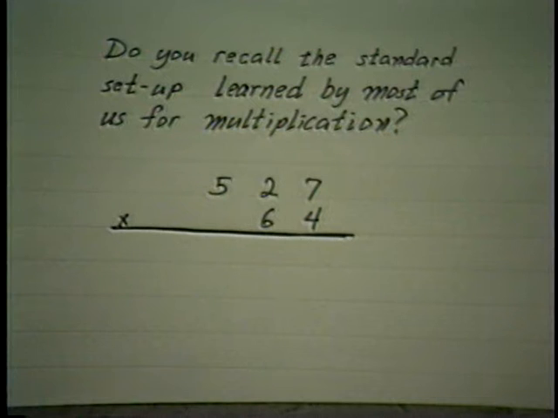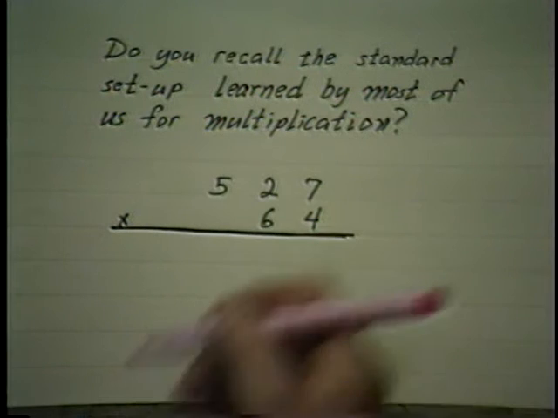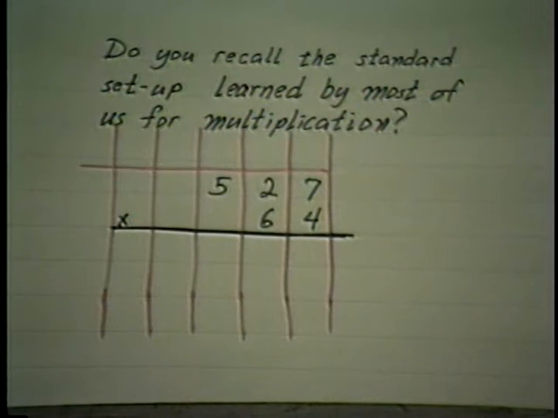Do you recall the standard setup learned by most of us for multiplication? Without too much ado, let me simply work one with you watching over my shoulder. First, use guidelines if it will help you. With practice, of course, you won't bother with that.